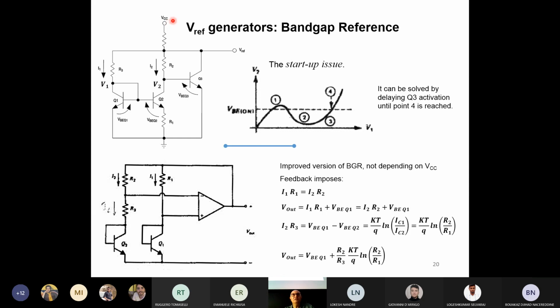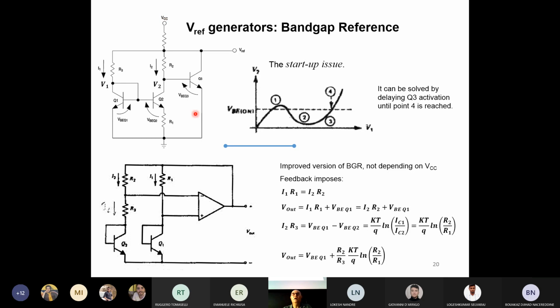So if the VCC increases, I can imagine that also V1 will increase. Basically, V1 is related to VCC unless you consider that there is some voltage drop on this resistance and this resistance here, okay? At the very beginning, when the transistors are basically off, so when the input voltage is below 0.6 volts, let's suppose that the VCC is going up from 0 to 0.6 volts.